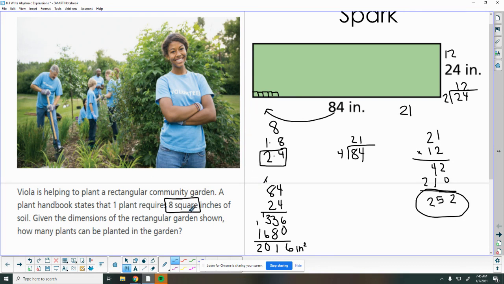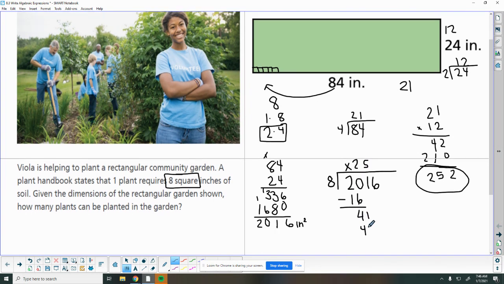But remember, every plant needs 8 of those inches. So I'm going to take this total here and split it up to see how many groups of 8 I can make. It goes into it 252 times.